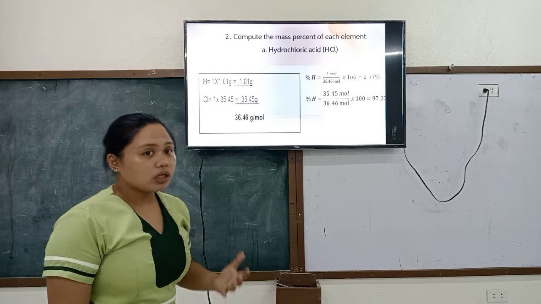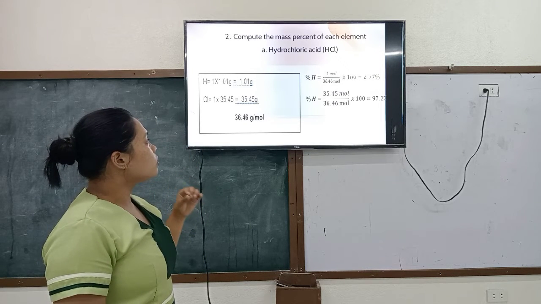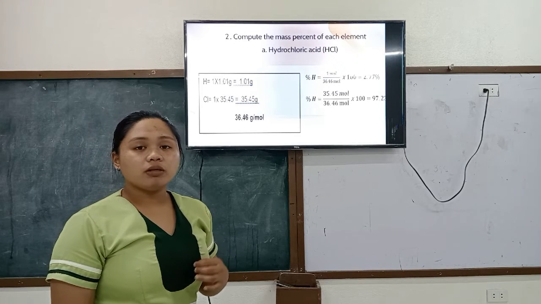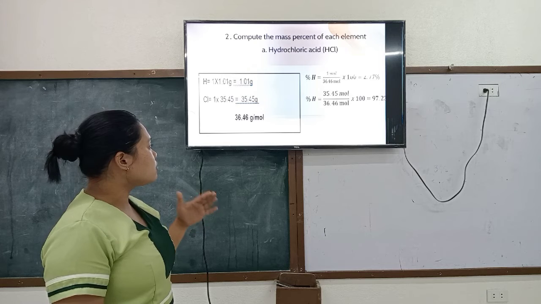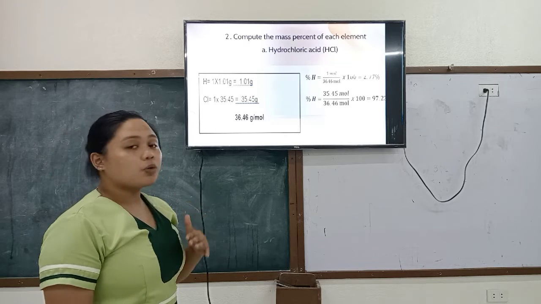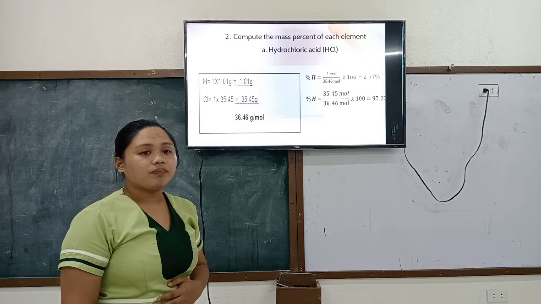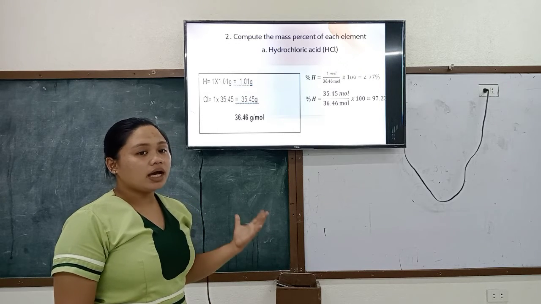So 1 over 36.46 times 100% equals 2.77%. And for chlorine, 35.45 over 36.46 times 100 equals 97.23%. Do you get me, class? Okay, that's for letter A.